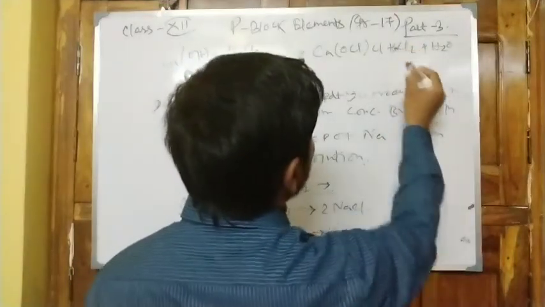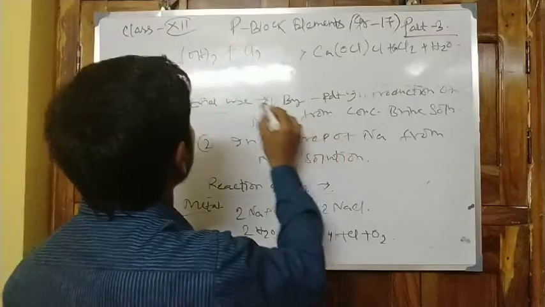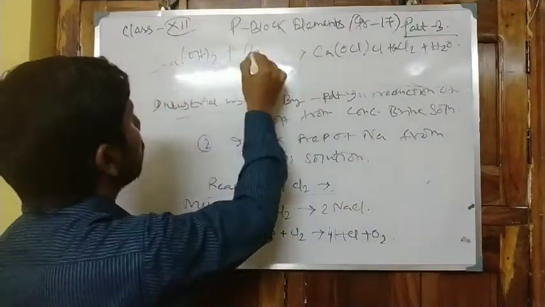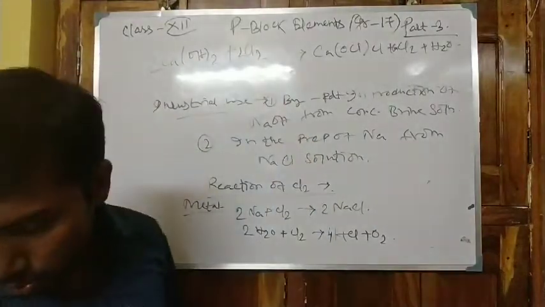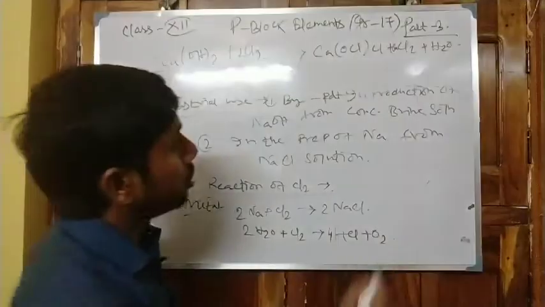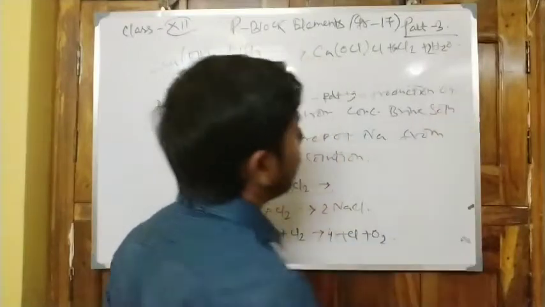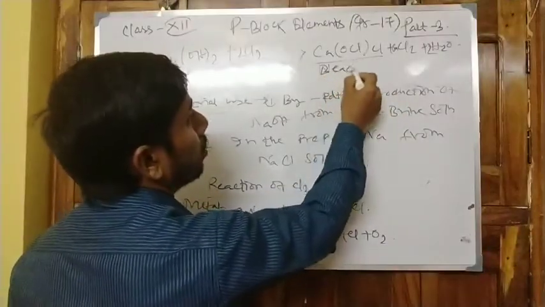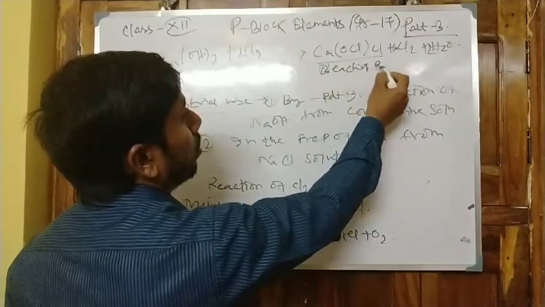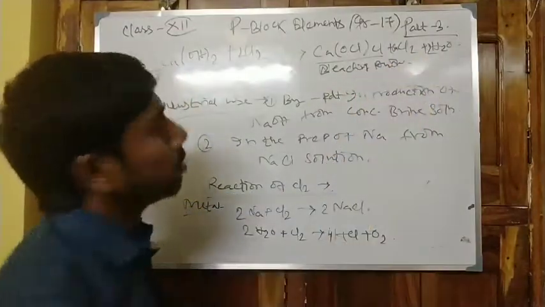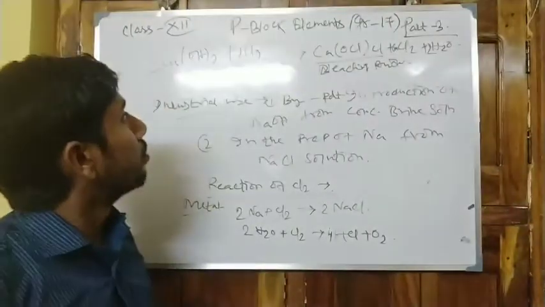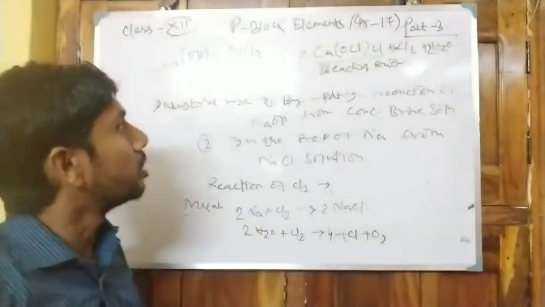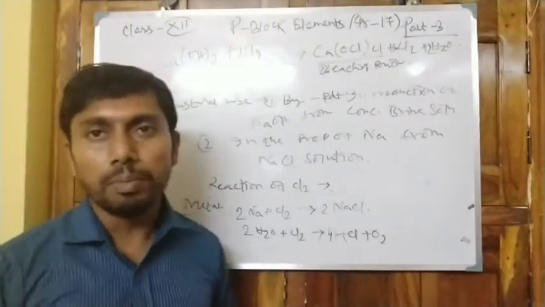The balanced equation is 2Ca(OH)2 plus 2Cl2 gives CaOCl2 plus CaCl2 plus 2H2O. It is the bleaching powder. So when dry chlorine gas is passed over calcium hydroxide, it will produce bleaching powder.